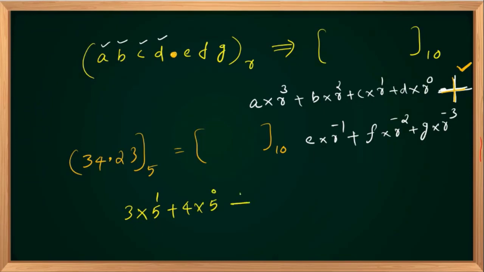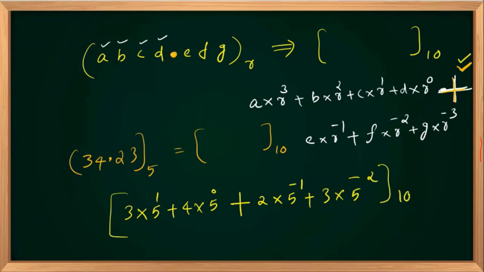You should put an addition here. Next digit is 2 multiplied by base power, you are up to 0, so you should subtract one more, and we'll get base power minus 1, plus 3 multiplied by base power minus 2. And this will be your decimal equivalent. So please take care of this addition. Okay, is that clear?